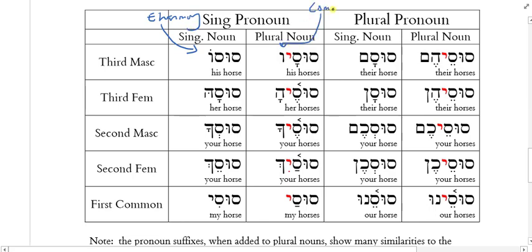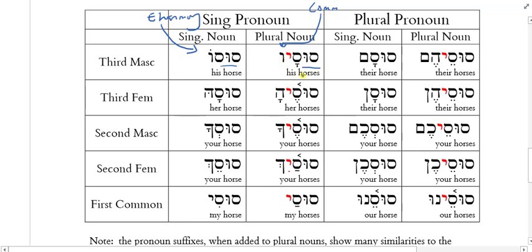Okay, set 1 and set 2, so that you can see how they look compared to each other. These are both ways of saying his, but what I'm attaching the pronoun his to is a singular noun here versus a plural noun over here. So if he has one horse, it's suso. If he has many horses, it's susav.